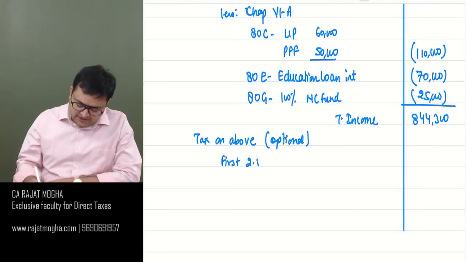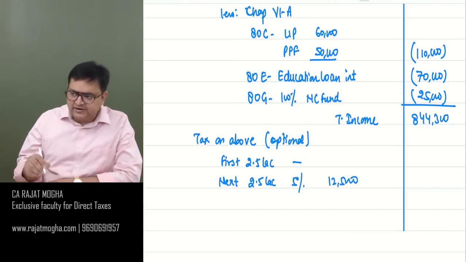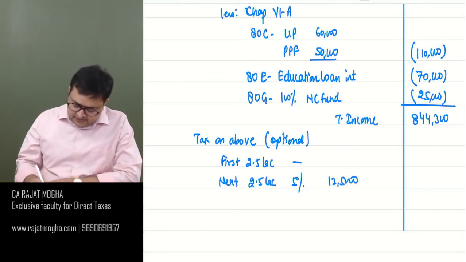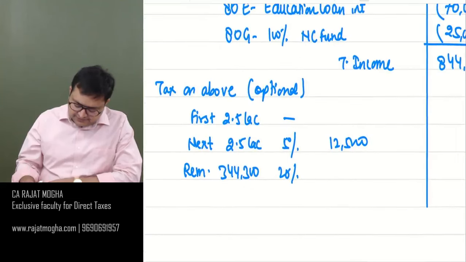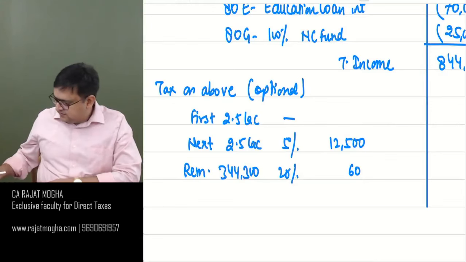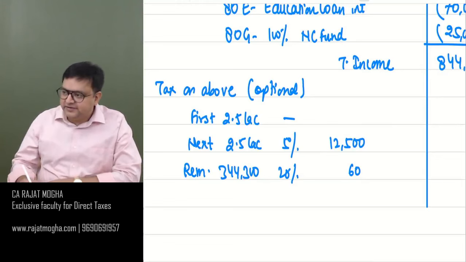First 2.5 lakh nil. Next 2.5 lakh 5%, 12,500. 5 to 10. So remaining 3,44,300 at a rate of 20%, $68,860.